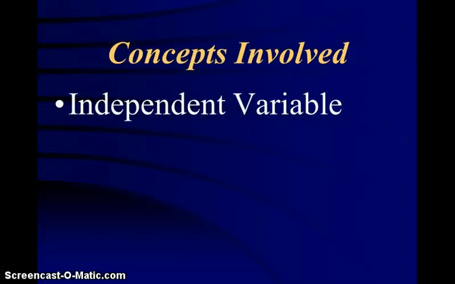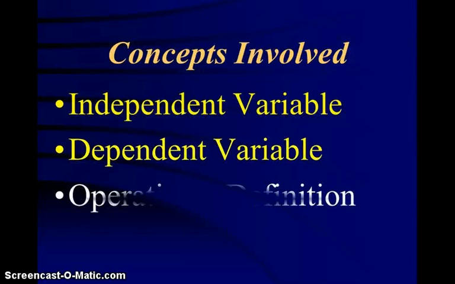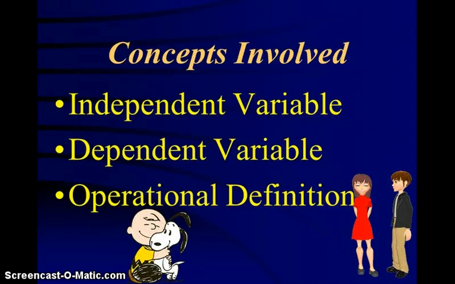And what we'll now put in is that those 2 things are the independent and dependent variable. So a hypothesis predicts the relationship between an independent and dependent variable. The independent variable, the dependent variable, and then the operational definition. Those are all things that you have to know to understand research.